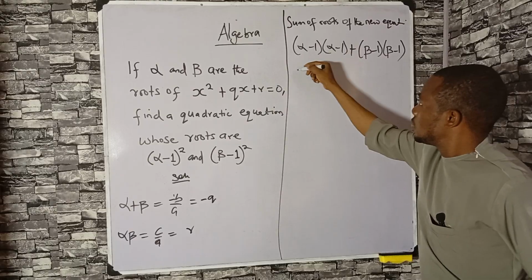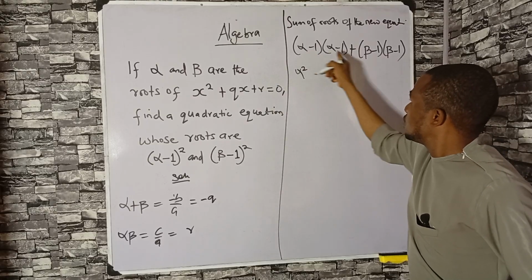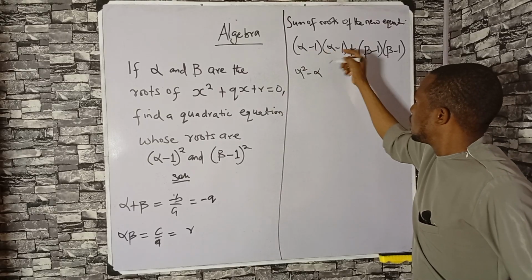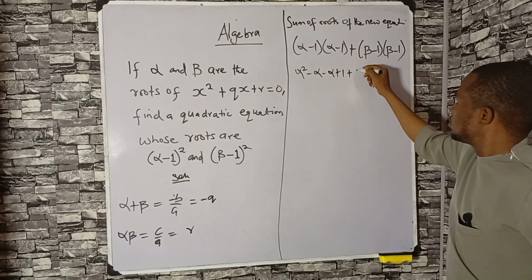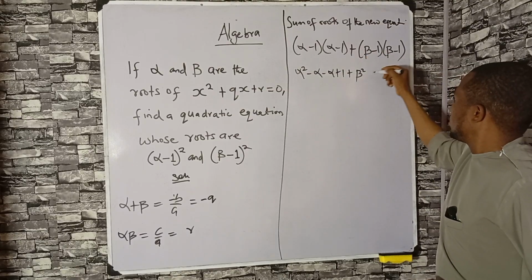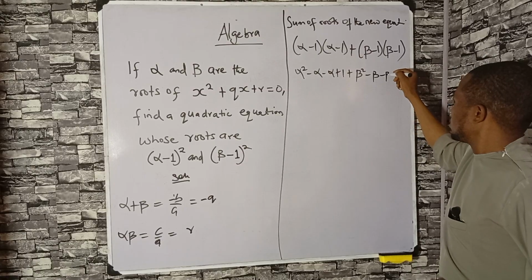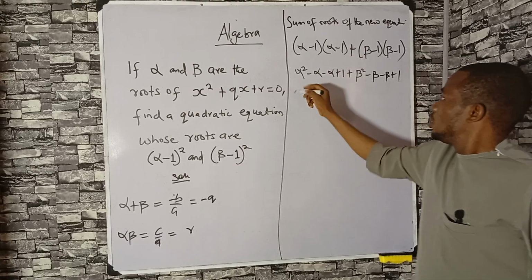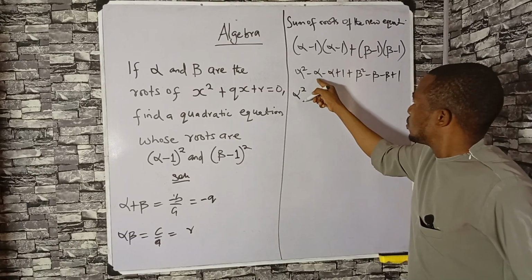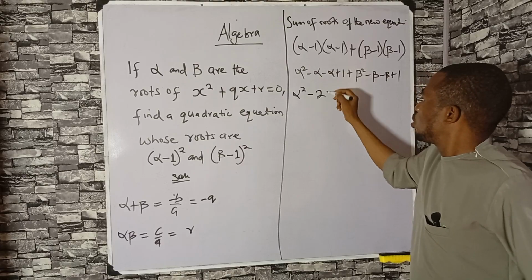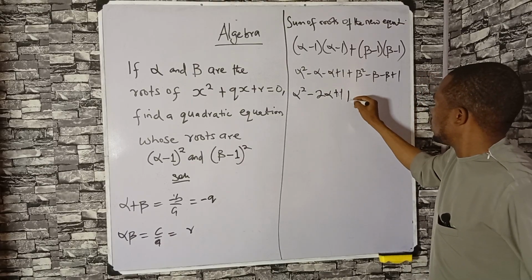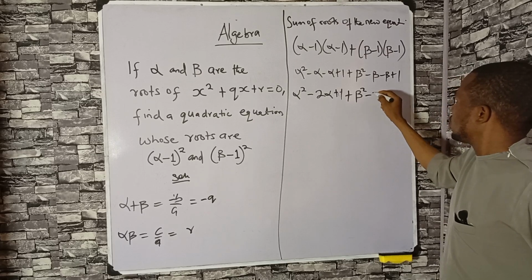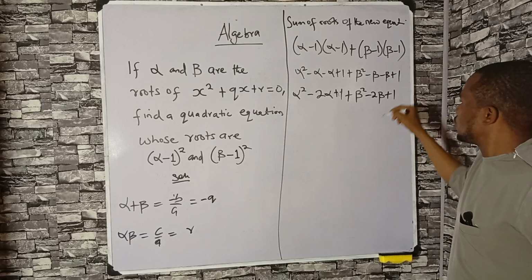So you clear the bracket, there will be alpha squared minus alpha plus 1, then plus this, beta squared minus beta plus 1. So we have alpha squared minus 2 alpha plus 1, same thing here, plus beta squared minus 2 beta plus 1.